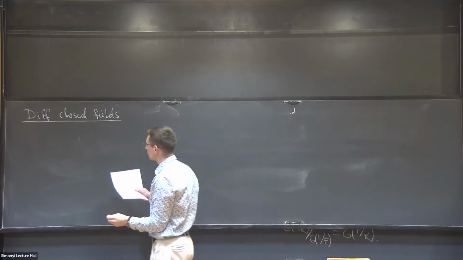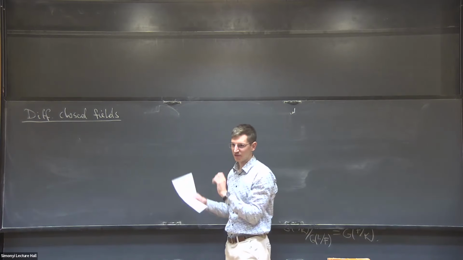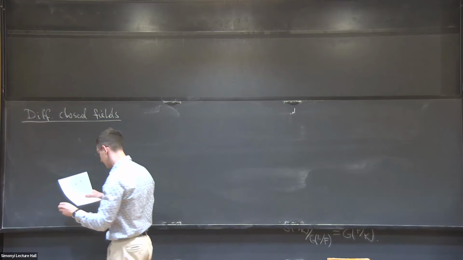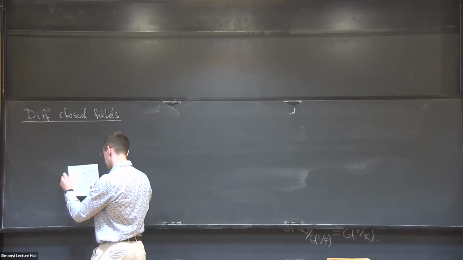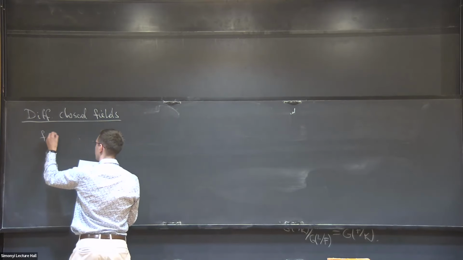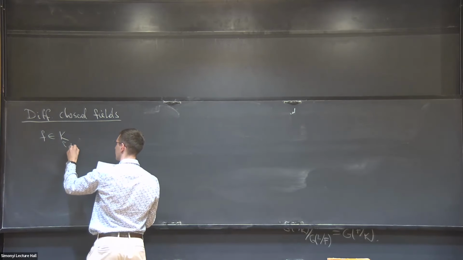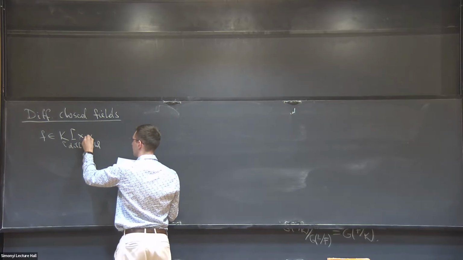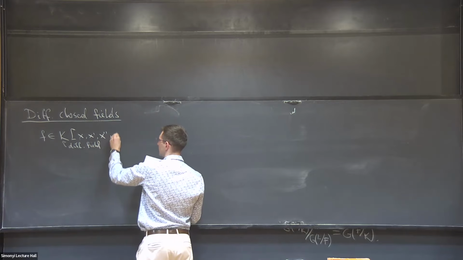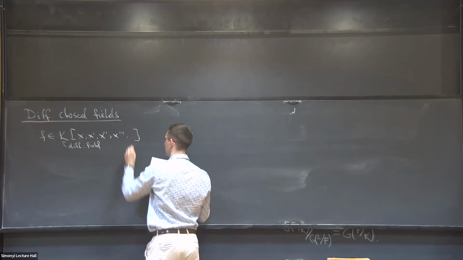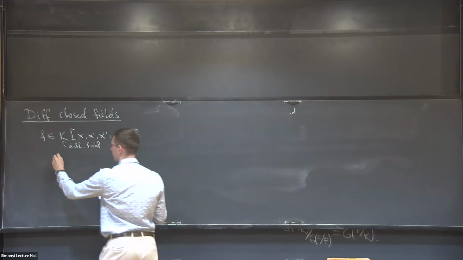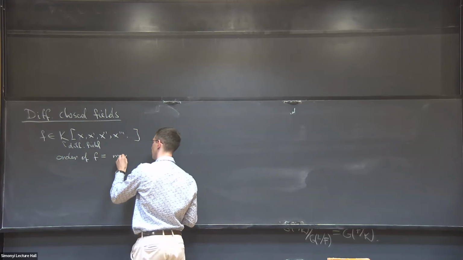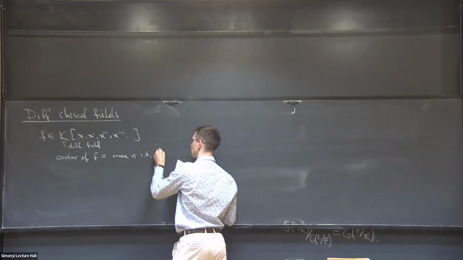So we want to find a right setup to do this differential Galois theory. So it would be nice to have some universal differential fields. So first, let me give you a small definition. If we have a polynomial f over K, where K is a differential field, and I have it in variable x and its derivatives, then the order of f is the maximum n such that x^(n) appears.